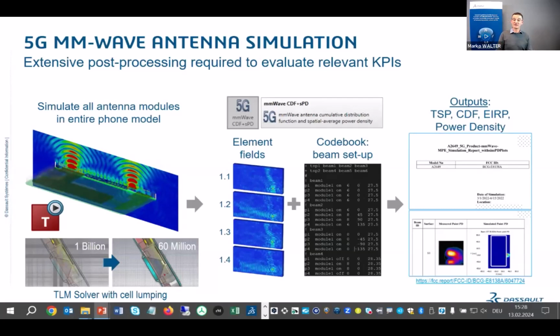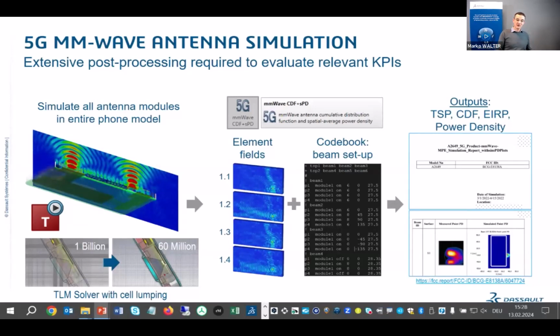But what we'd actually like to see is the total scan pattern, for example, or the cumulative distribution function of the EIRP, the equivalent isotropic radiated power, and then the power density on particular planes when we think about certification, which we'll talk about later. Now for this, and for some other use cases where demanding post-processing is required, we've implemented specific post-processing functionality to make your life as a user easier and to guide you through the process and do the post-processing for you.